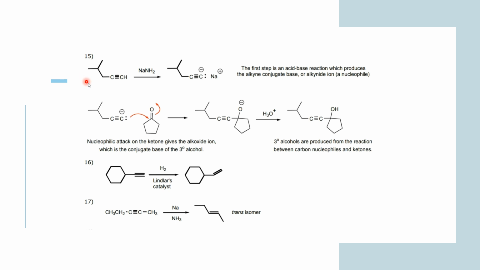If you look at the other protons present versus this terminal alkyne proton, definitely this one is the most acidic one, being present on the sp carbon center, where the CH bond is sp hybridized. So you will extract a proton from this center, leading to the formation of this alkynide. After this acid-base reaction, we are adding cyclopentanone to the system.